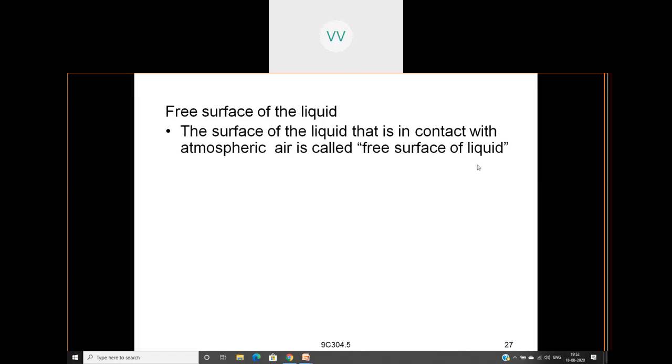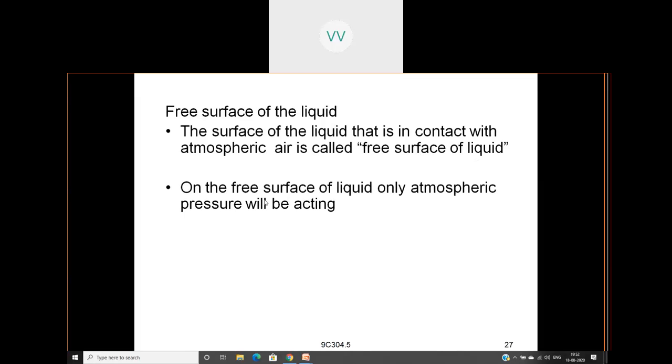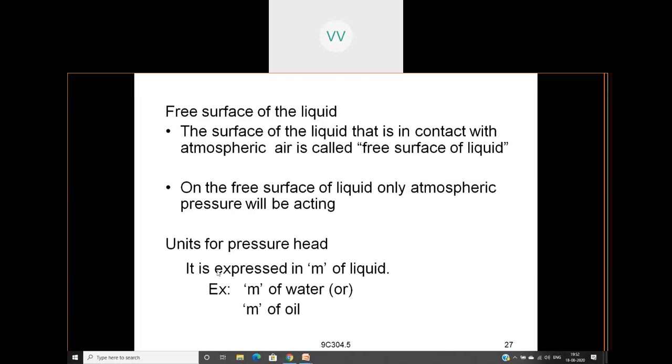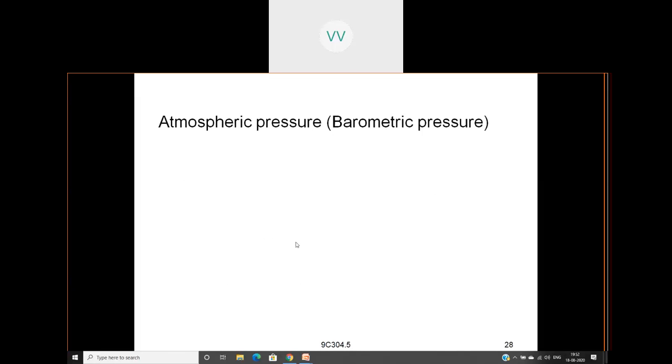That is what is our atmospheric pressure. That means on the free surface of the liquid only atmospheric pressure will be acting. The units for the pressure head are expressed in meters of the liquid. Example, m of water or m of oil.